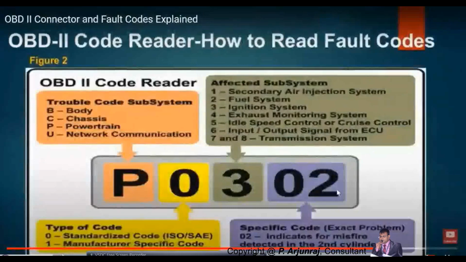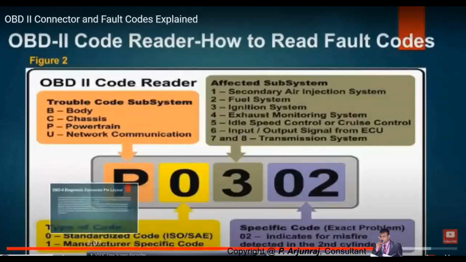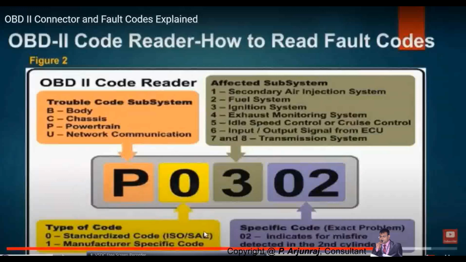For example, P0302: P stands for powertrain, and 0 stands for the type of code, which also helps you identify the manufacturer specific code. The 3 stands for the subsystem the code belongs to. In powertrain you have a lot of systems, such as engine and transmission, and even in engine you have a lot of systems. The last 02 indicates the specific code for the exact problem.